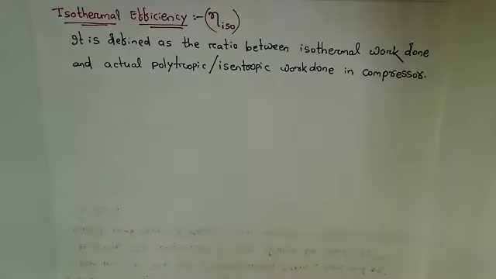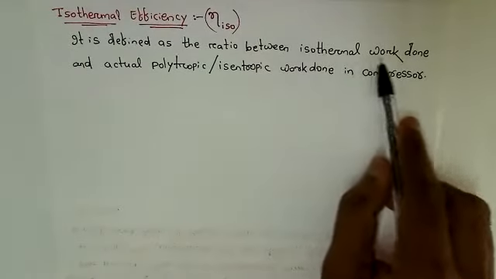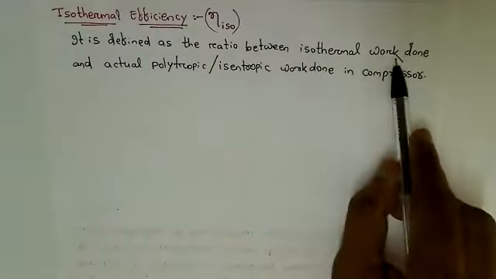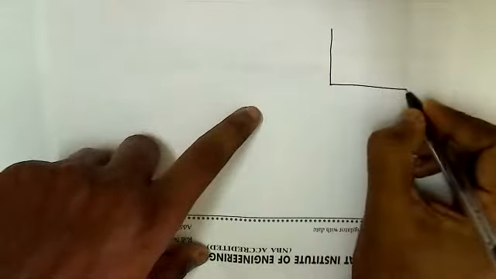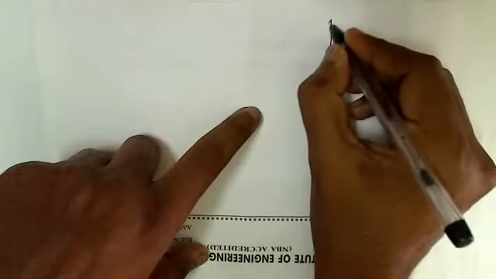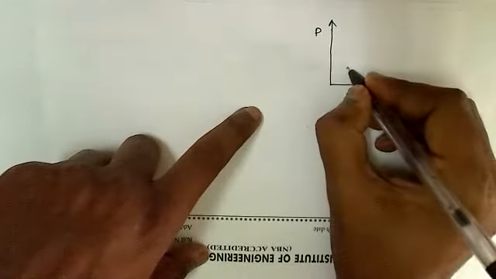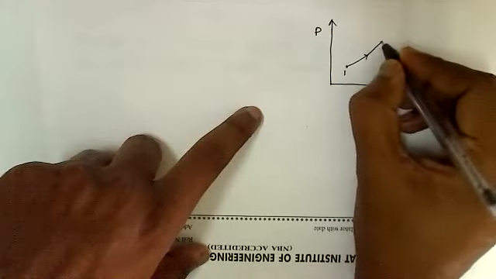Now the thing is, what do you mean by isothermal work done? What is the formula of isothermal work done? We will see first what is this isothermal work done. Suppose this is a PV diagram, and suppose this is a process, this is point 1, this is point 2.